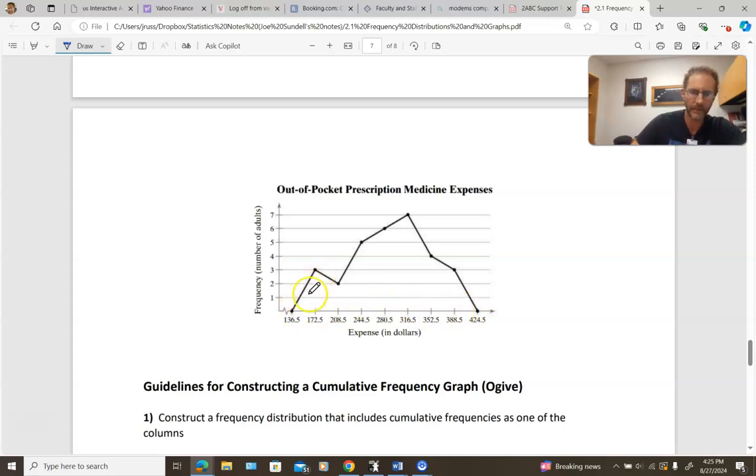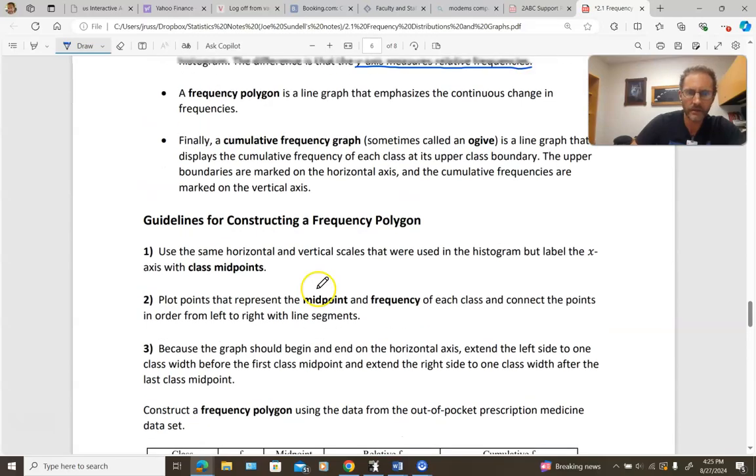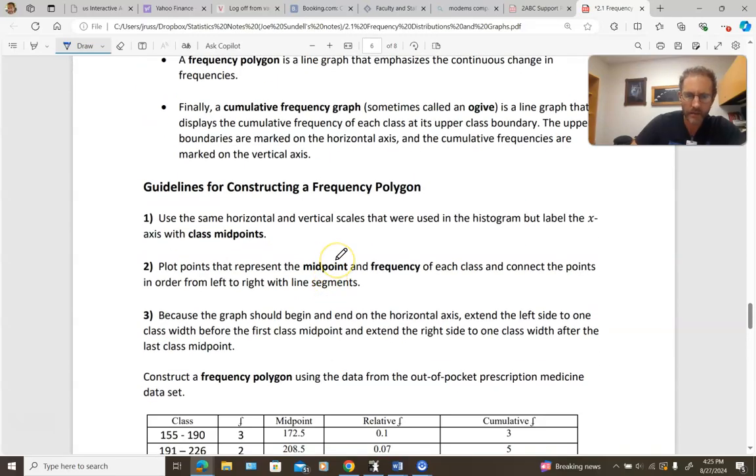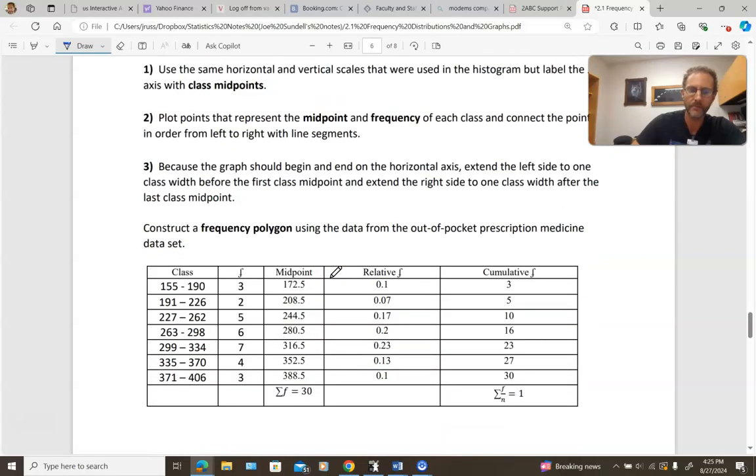What's actually happening here, guys, is, it says it right here. You extend the left side to one class width before the first class midpoint. So the midpoint of that first class is 172.5.